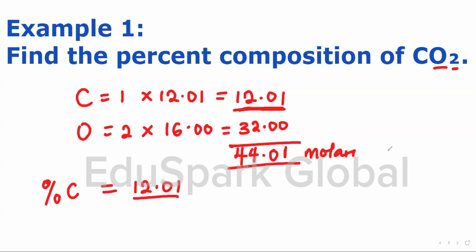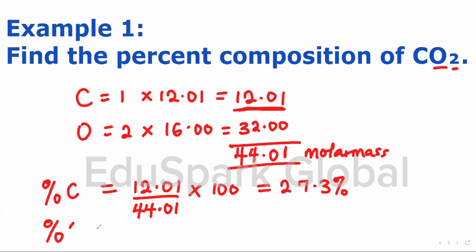So over that molar mass, 44.01 times 100. So 12.01 over 44.01 times 100 will give us 27.3%.